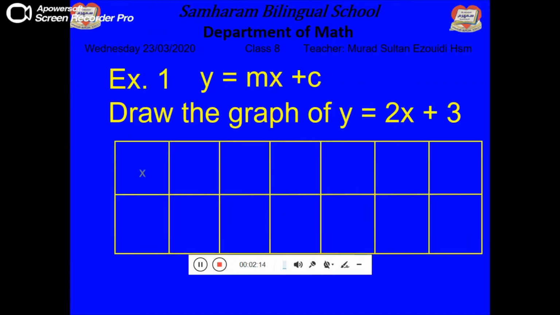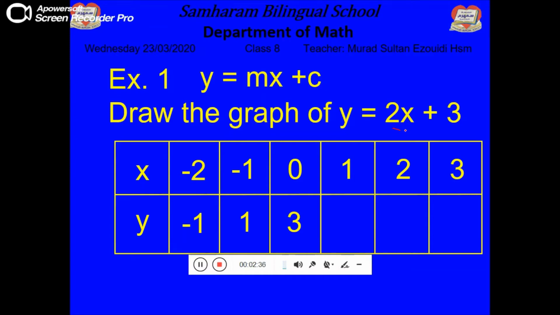Okay, my kids, we continue. We have the same table of values. When x equals -2, -2 multiplied by 2 gives -4 plus 3 is -1. When x equals -1, 2 multiplied by -1 is -2, plus 3 is 1. When x equals 0, 2 multiplied by 0 is 0, plus 3 is 3.